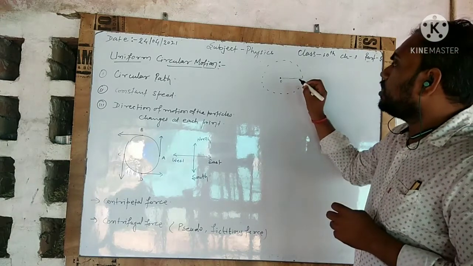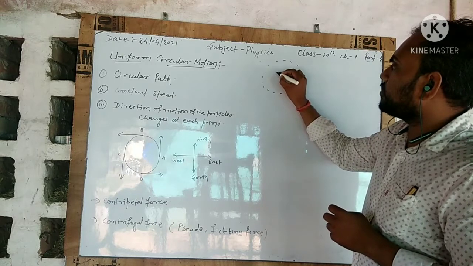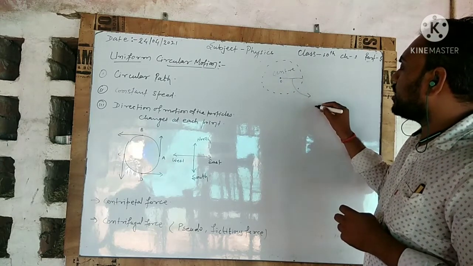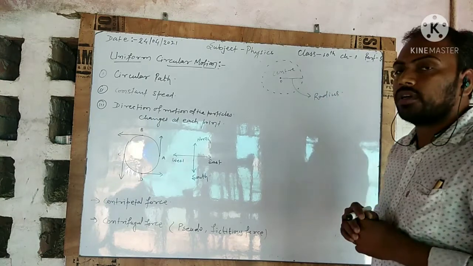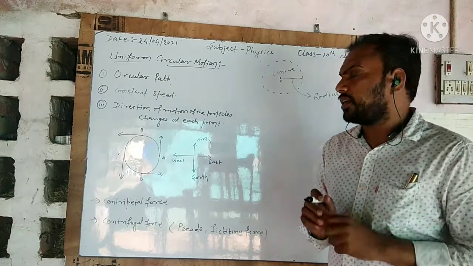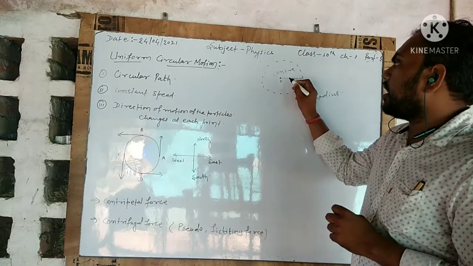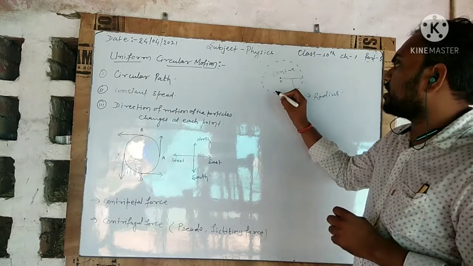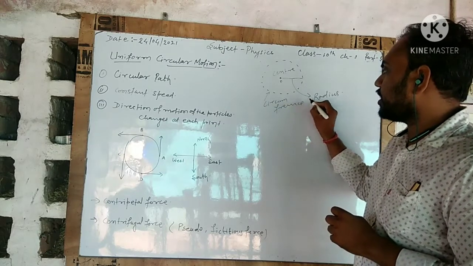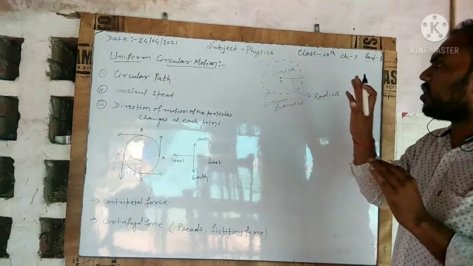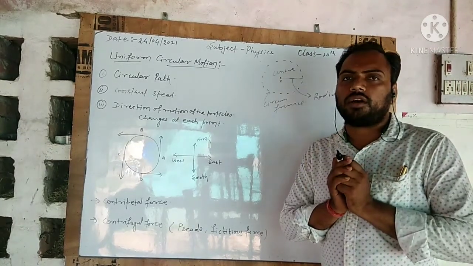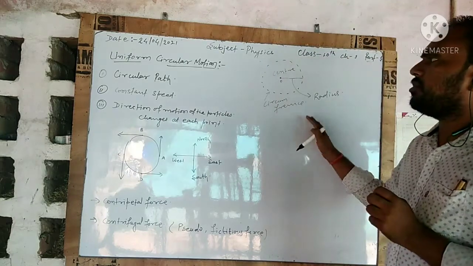Now the fixed point is called the center, and the fixed distance is called the radius. The collection of infinite points around the fixed point at a fixed distance is called the circumference. Combined, center, radius and circumference constitute a circular path, that is, a circle.